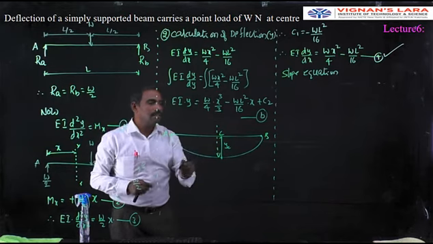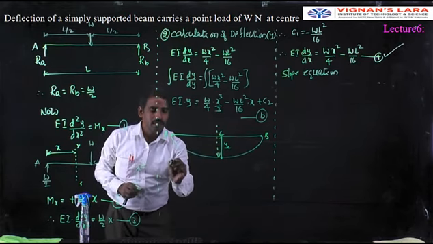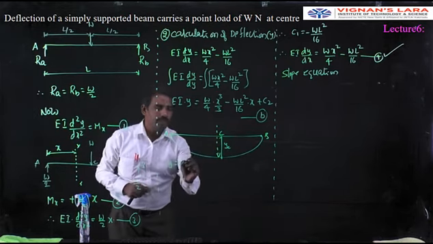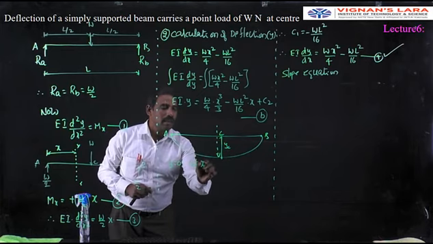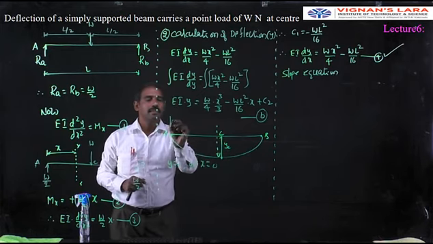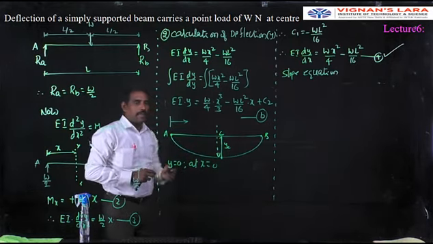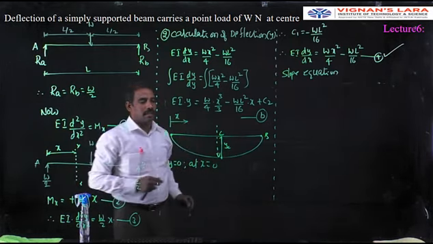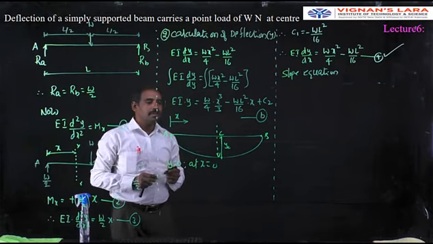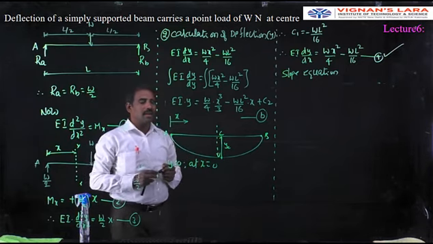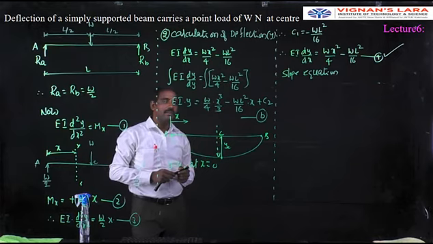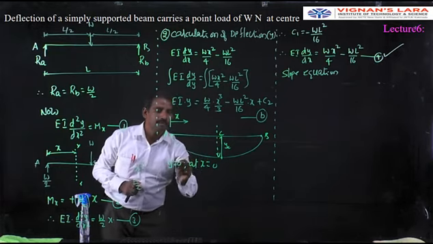Based on these boundary conditions, y is equal to 0 at x is equal to 0. Since the origin is at A, simply substitute x is equal to 0 and y is equal to 0 in equation number B2.